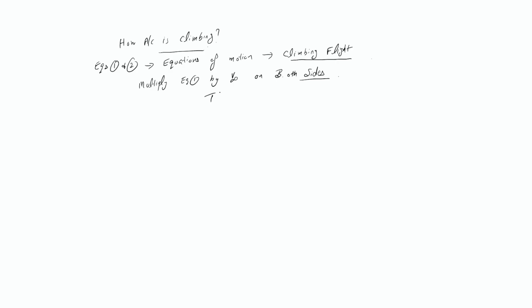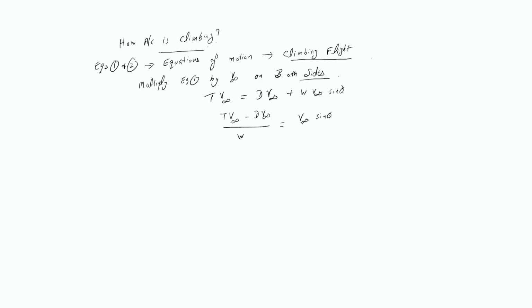Here I'm writing infinity, so please assume it is always the free stream velocity. Taking D v infinity to the other side, we can write (T v infinity minus D v infinity) divided by W equals v infinity sine gamma.